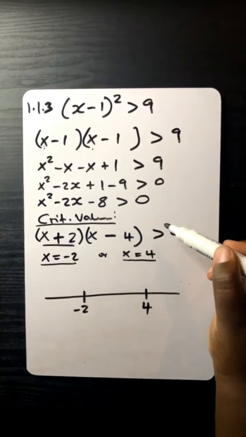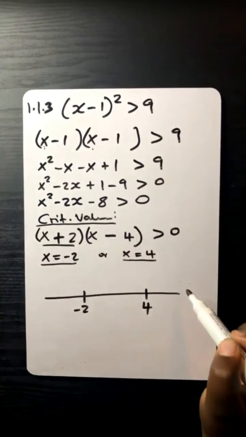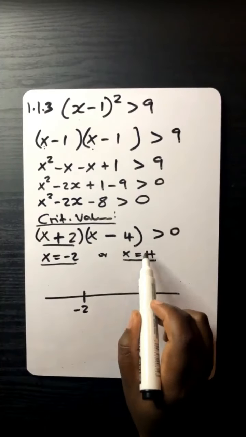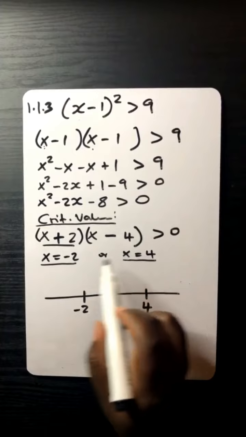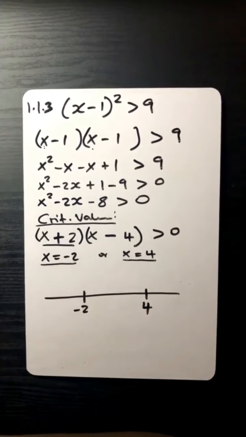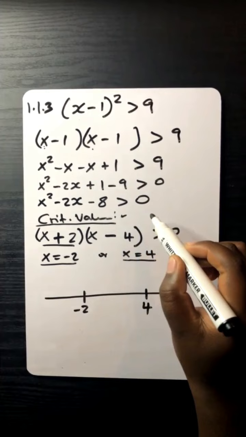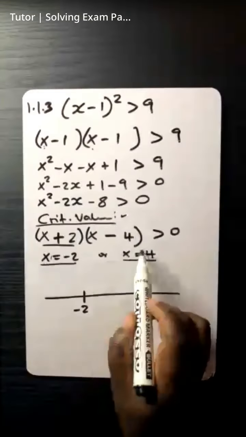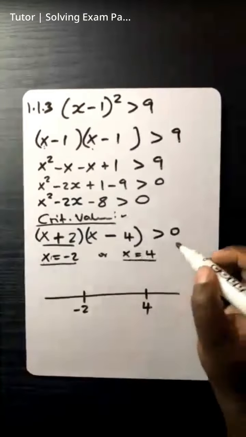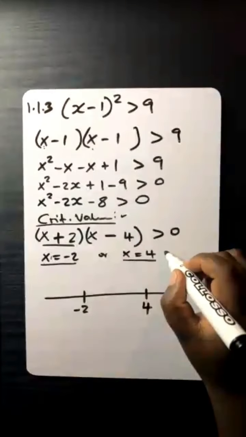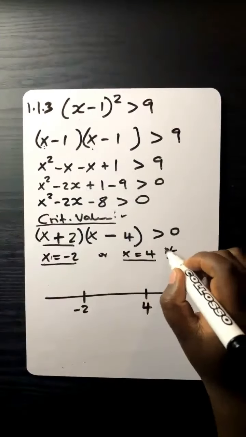But when you do any other calculation, you don't use the equal sign. So this is something you can write down as a note: when you find the critical values, this is where you're allowed to say x equals. This is when you're allowed to equate. And also, this part is not allocated any marks.